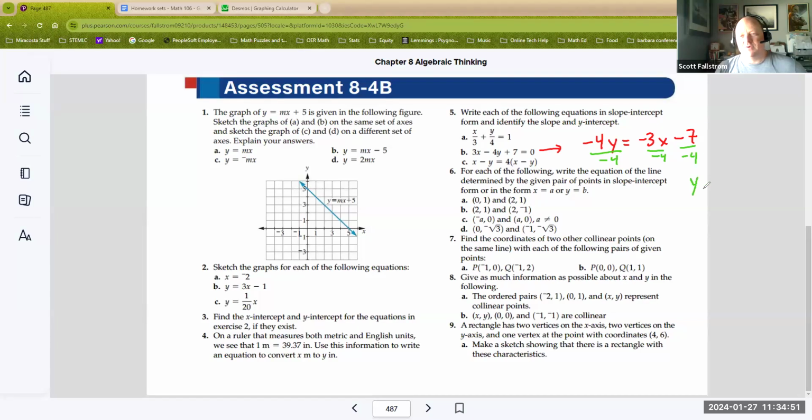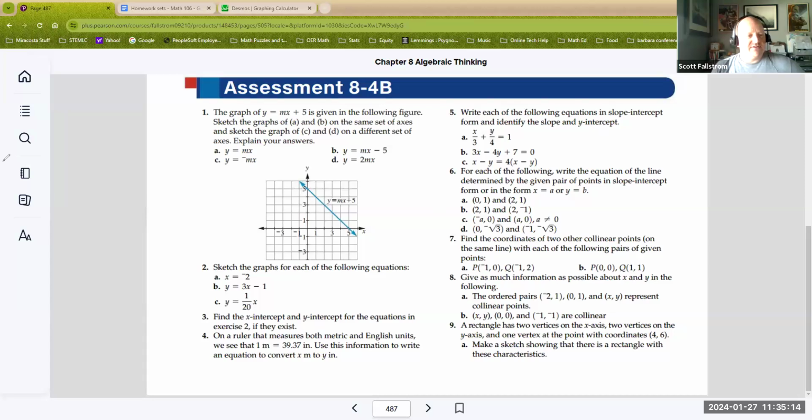So my end result would be y equals 3/4 x, and then a negative divided by negative is positive, plus 7/4. And that would be my slope intercept form. And then from there, the slope is the coefficient here, and the y-intercept is the last piece. So make it easy on yourself if you can. That's totally up to you.